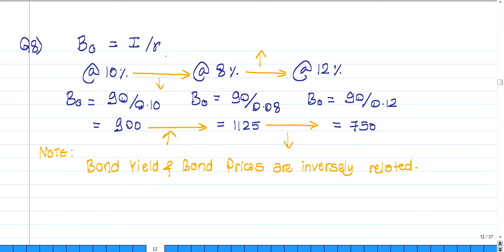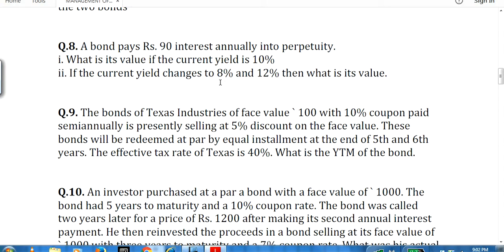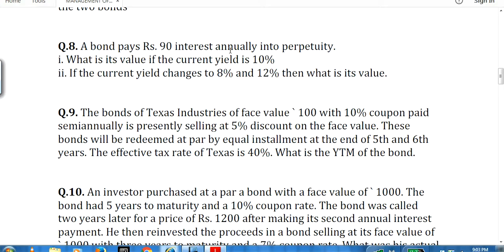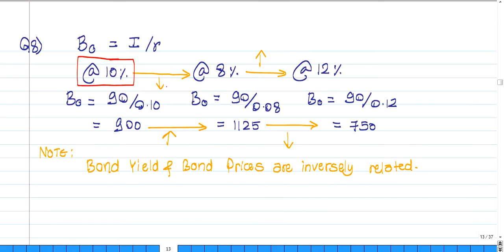And if the current yield changes to 8% and 12%, then what is its value? So first calculate at 10%: interest is 90, divided by 0.10, so it will be 900.